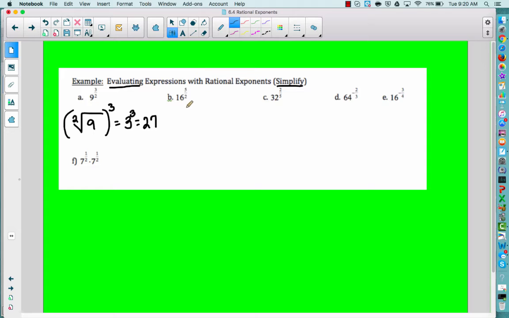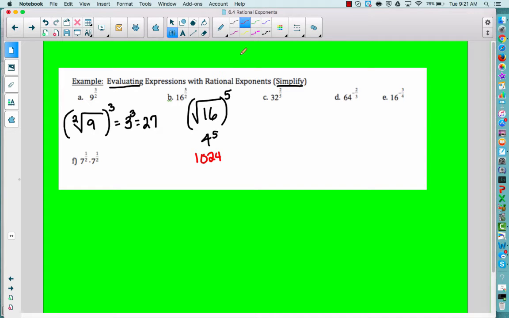All right, let's try this next one. 16 to the 5/2. All right, so that gives me the square root of 16 to the 5 power. The square root of 16 is 4. So 4 to the 5 power, that isn't actually one I've expected you to know. If you grabbed your calculator, you're going to find out that it's 4 times 4 times 4 times 4 times 4, so 1024.